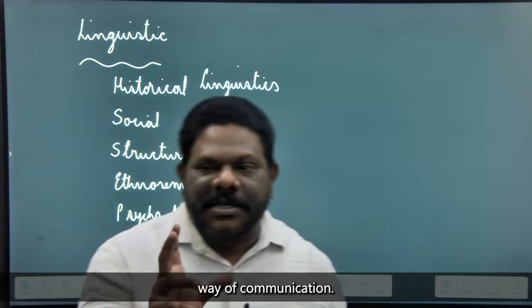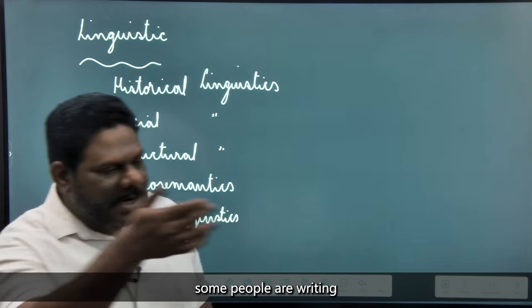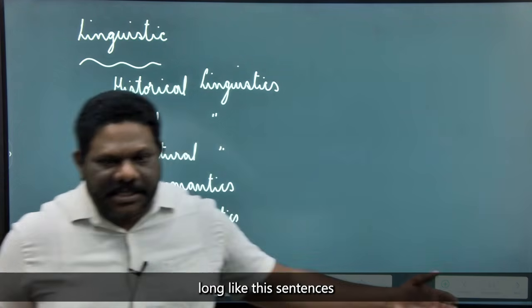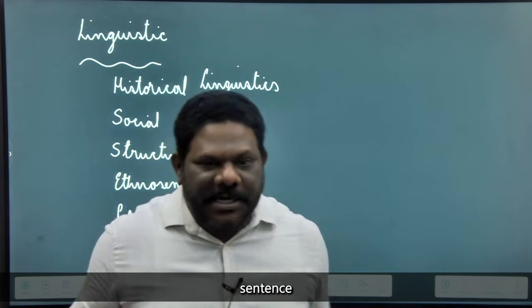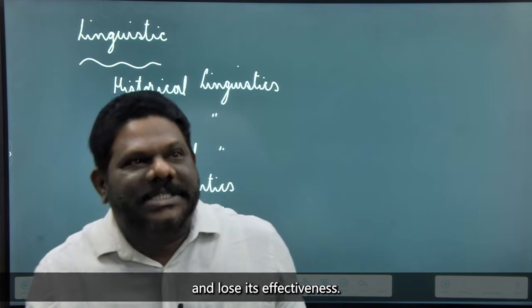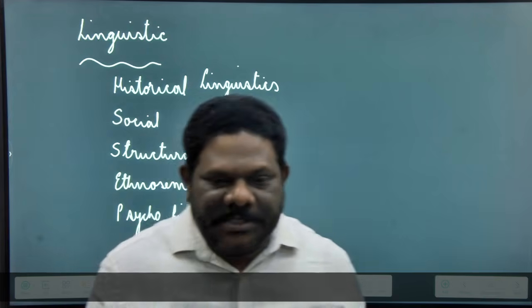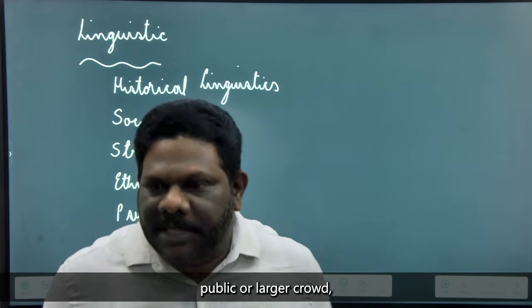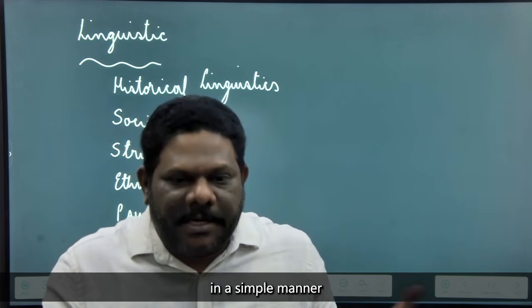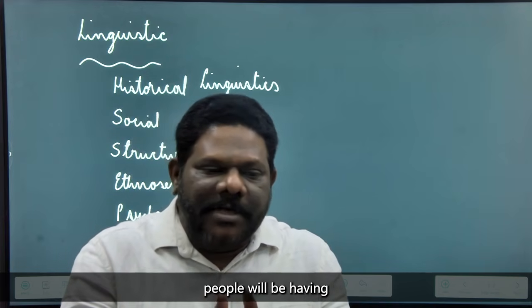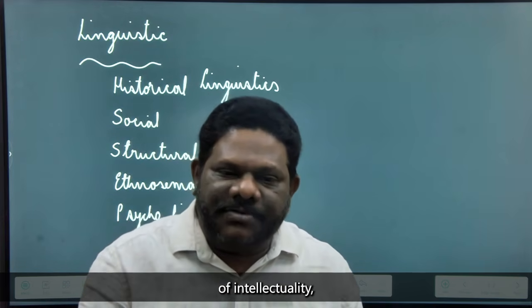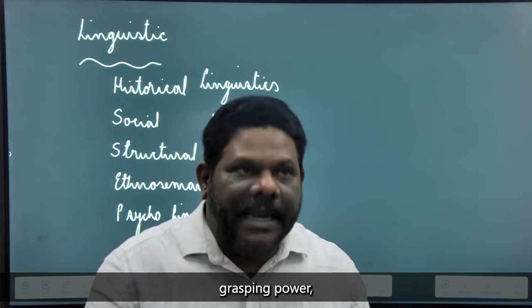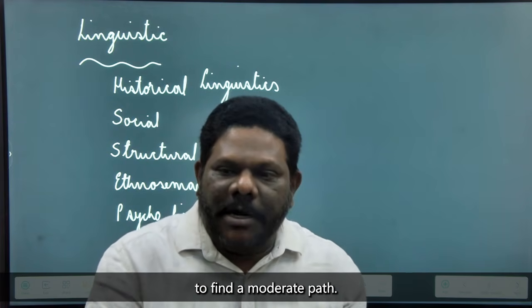I think I told you some people write long, lengthy sentences, almost one-page sentences. It loses its effectiveness, isn't it? In order to reach a larger public or crowd, you have to speak in a simple manner, because people have various levels of intellectuality and grasping power, and as a result it is very important to find a moderate path.